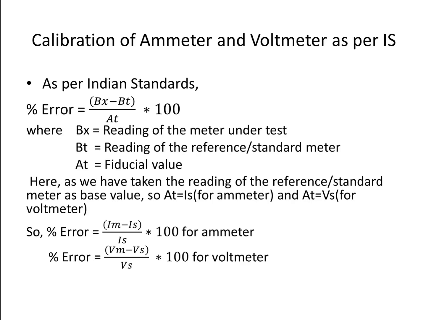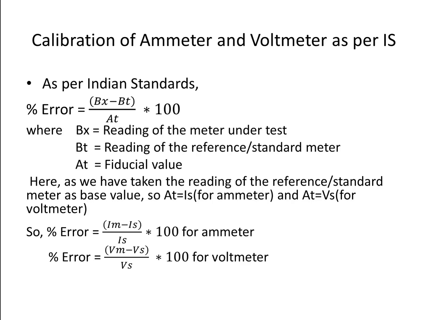Now what is this fiducial value? In simple terms, it is the base value which has been treated as the base for this measurement. Here our base value is true value, because we are calculating percentage error with respect to the true value.